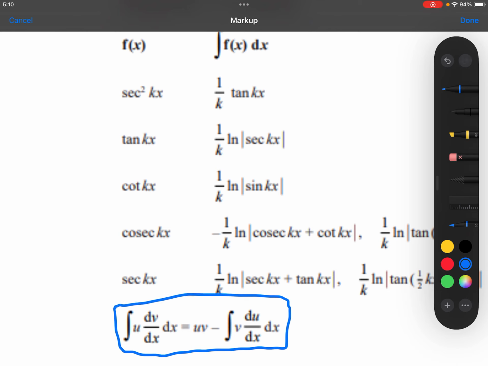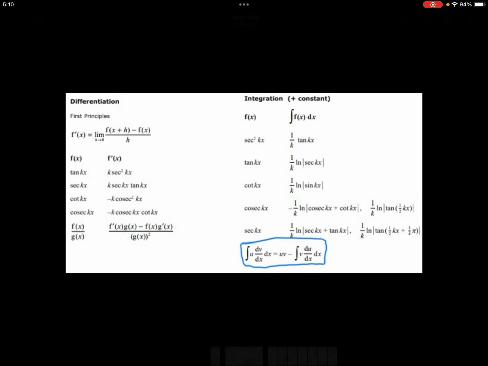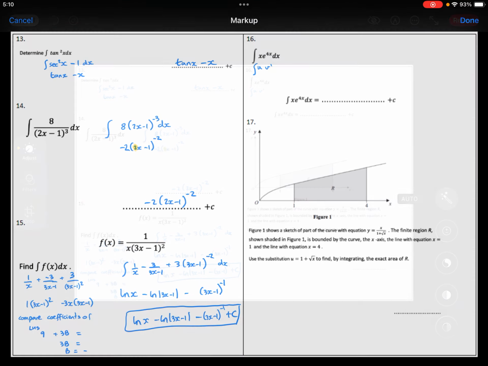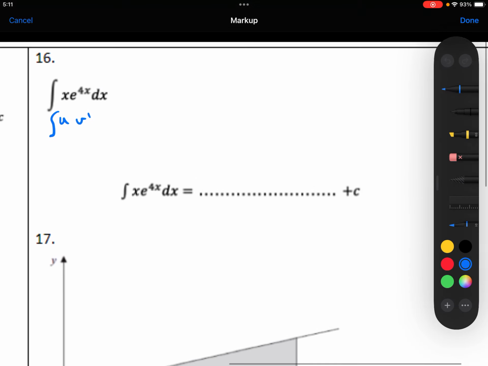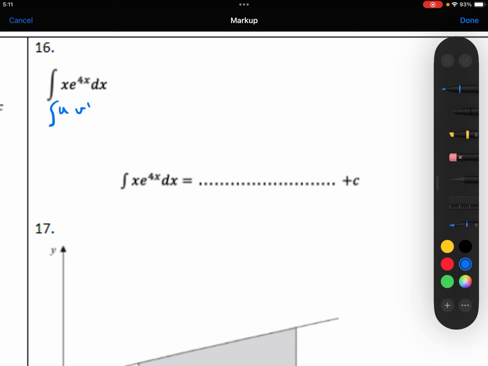So we're going to select the u and the v appropriately. I'm going to select the u to be the x, because that's going to differentiate nicely, and the v dash to be e to the 4x. So differentiating the x, I get 1. Integrating the e to the 4x, I'll get 1/4 e to the 4x.